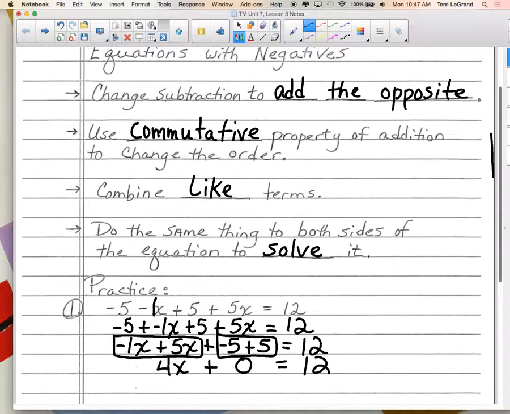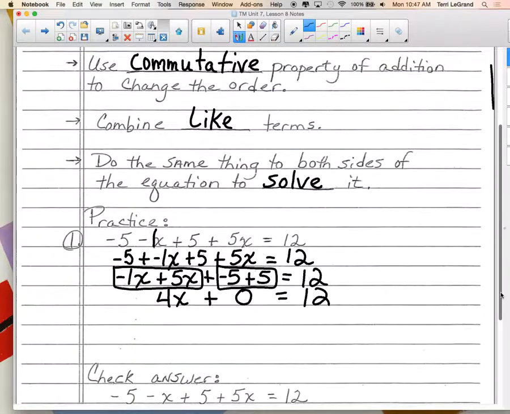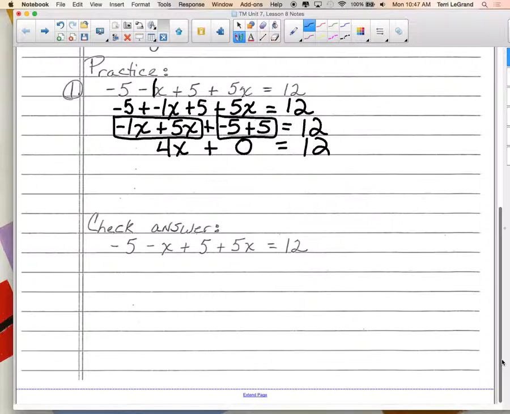Have we done any more than get the equation ready? No, we haven't, have we? We have not even started solving this, and it's important that you understand that. All we've done is prepare it, get it ready. Another word they use in math for it is simplify it. So now we're ready to solve it.